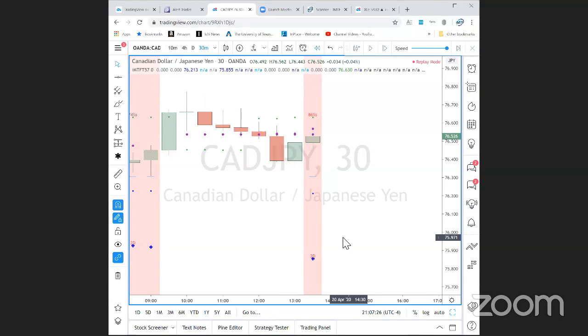Now what we need to do is see what the probabilities were in the past for this pattern to succeed. So if I enter the trade, what are my probabilities to get to this blue cross, which is my target? That's what I need to do. I need the past to tell me, is this a high probability trade where if I enter at the blue dots here, I'm going to get to the blue cross here?